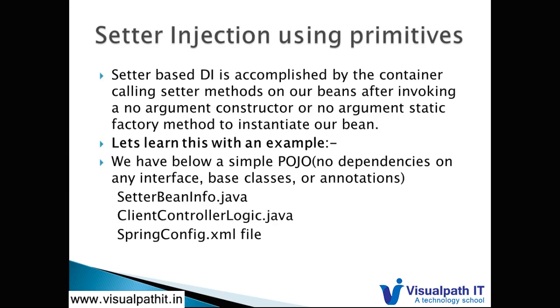There is no other dependency like an interface. We don't need any base class or annotations. We just need a simple POJO, a main method and a Spring XML configuration file. If we have these three things, we will easily understand what exactly a setter dependency injection using primitives is.